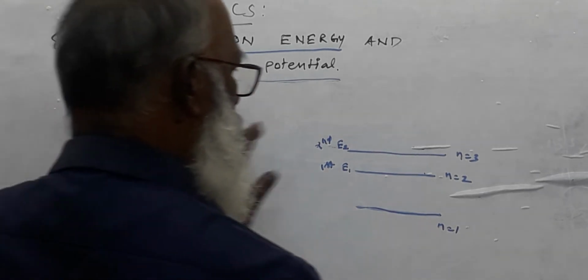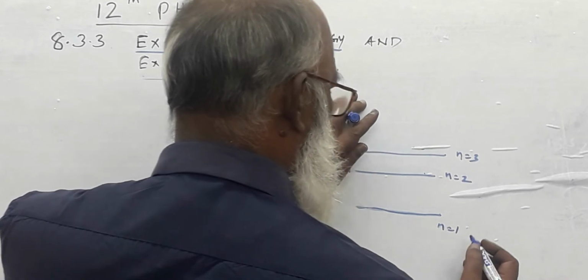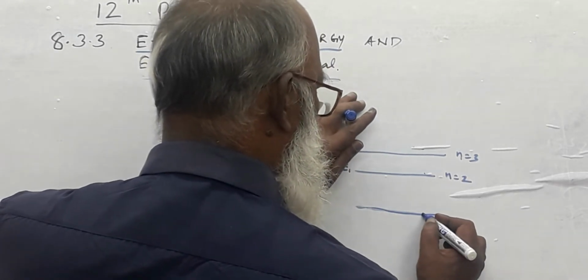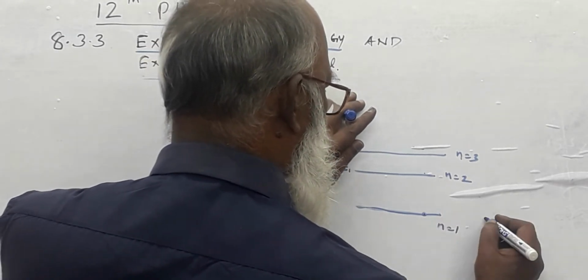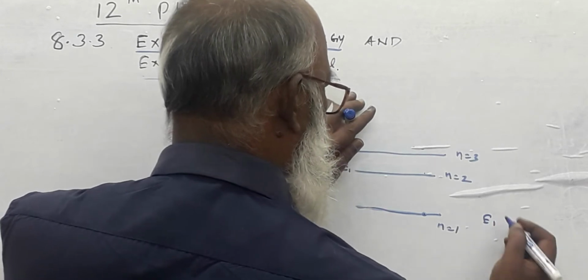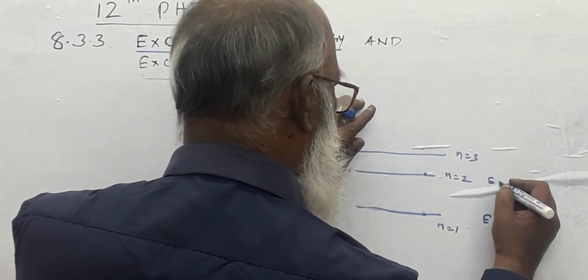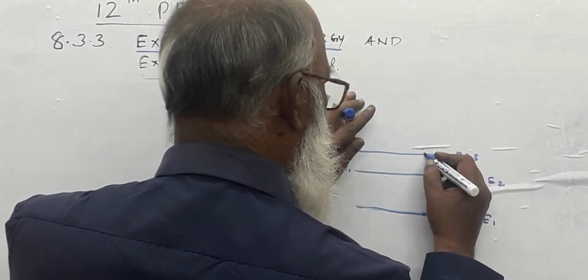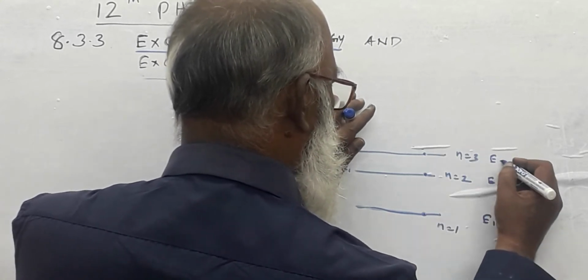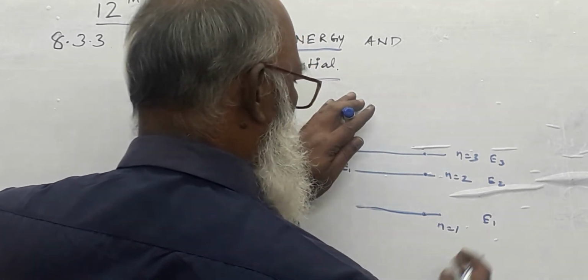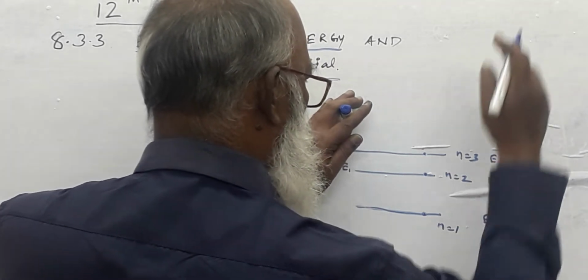In general, when the electron is in the first orbit, the energy of the electron is called E1, in the second orbit it is called E2, and in the third orbit E3, and so on.